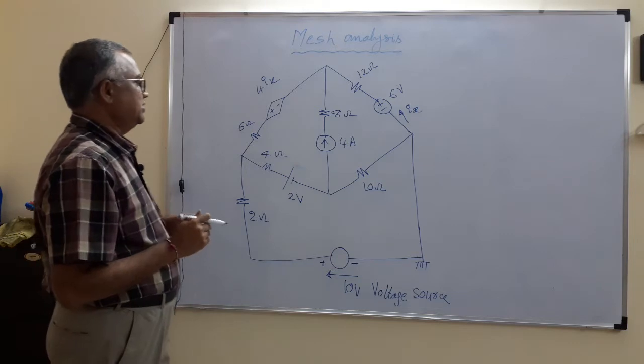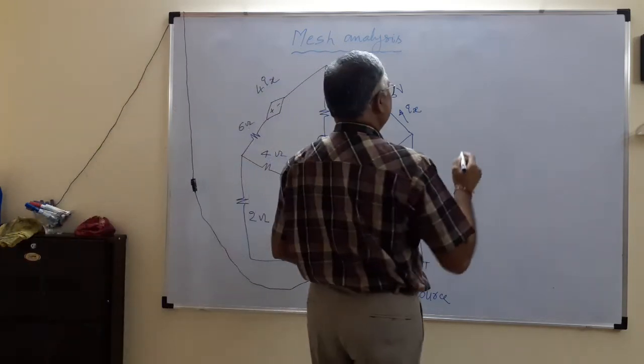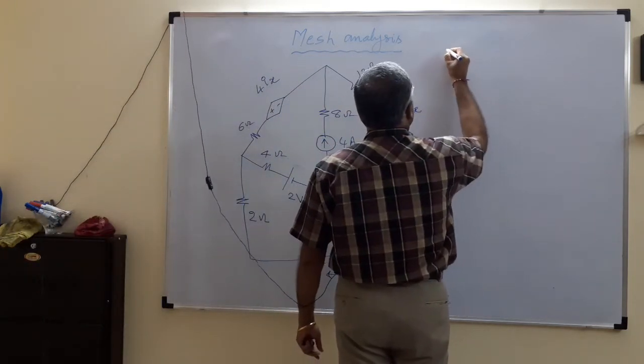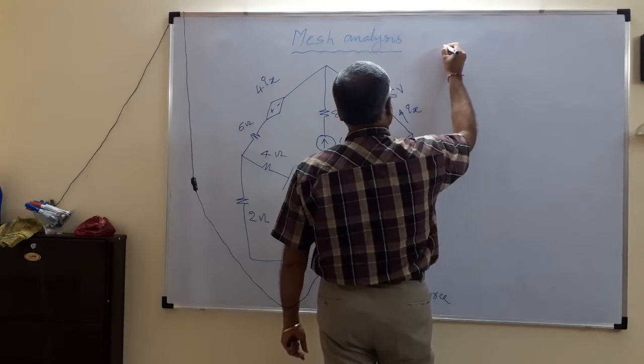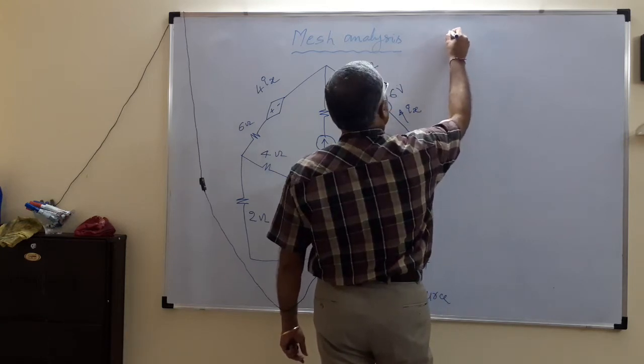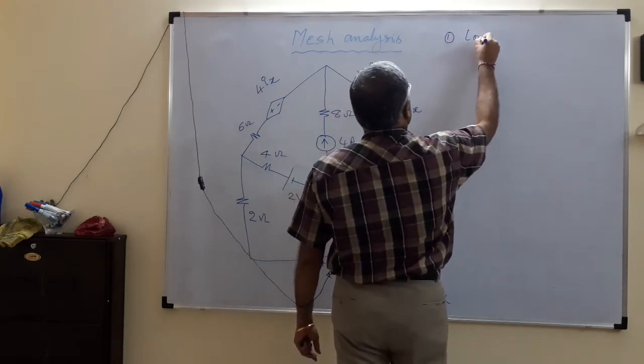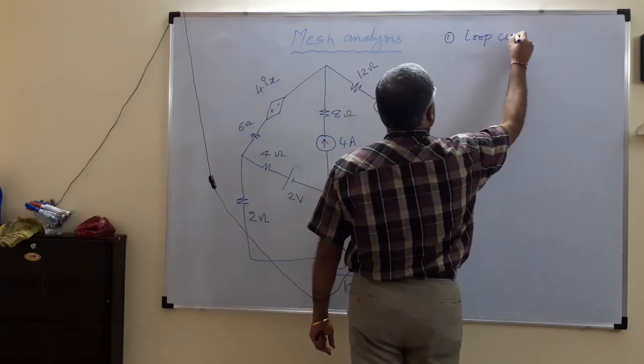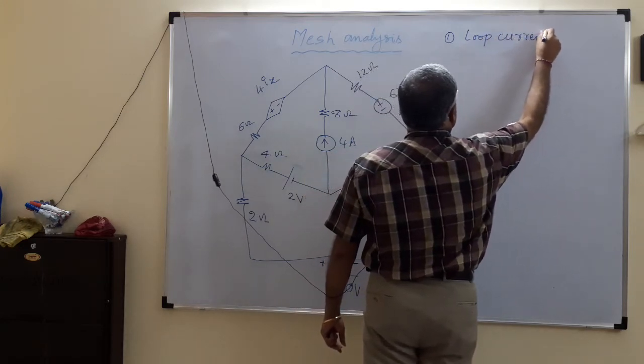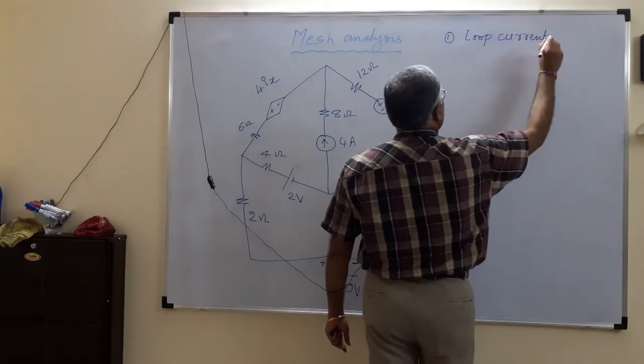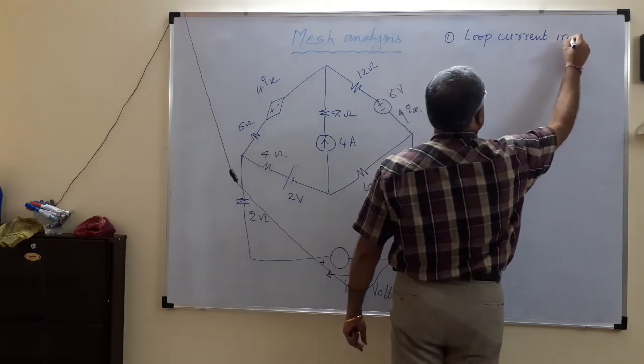So in this mesh analysis there are two methods. One method is the loop current method, or approach.